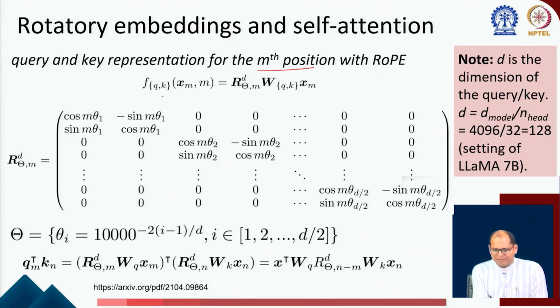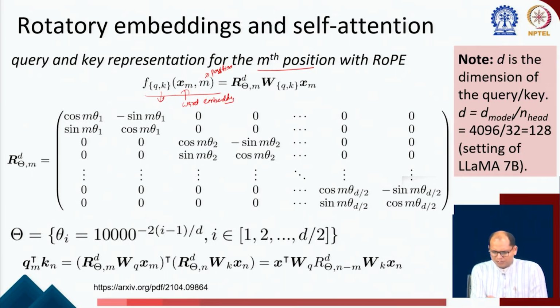Let us say I have a function: this is my embedding for the word at the mth position, the normal word embedding, and m is the position. I can use this formula for either query or key. The same formula would work for both.